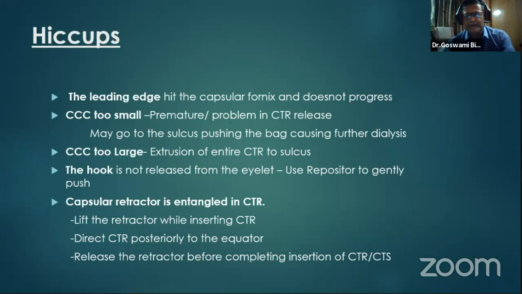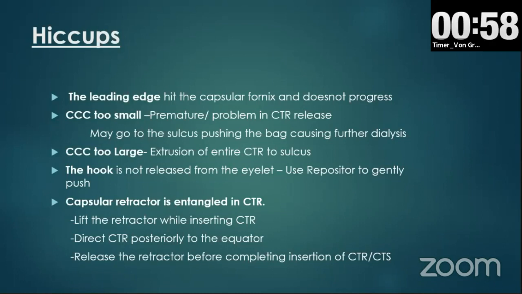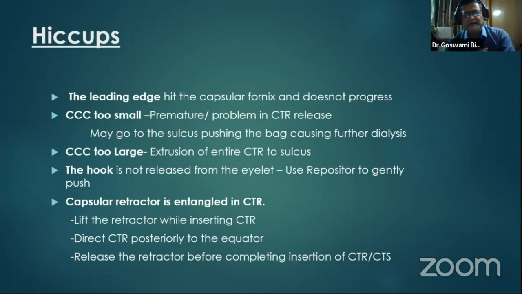The last one is very important: the capsular retractor may not be very friendly to the CTR or the CT segment. If it is CTR, release the retractor while inserting the CTR, and guide the CTR posteriorly to the equator. And if it is a CT segment or modified CTR, then release the retractor before completing insertion.